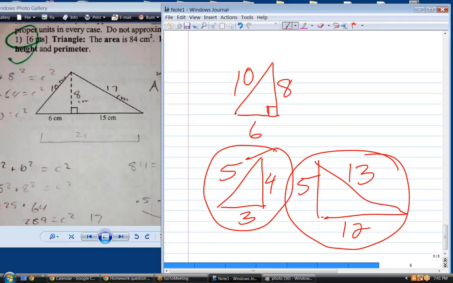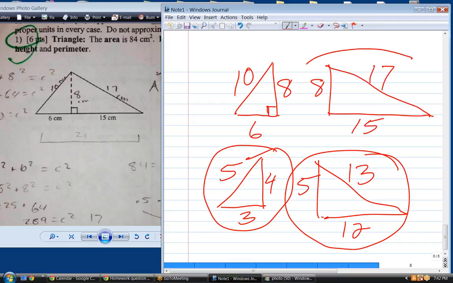Same thing, this triangle here is the next Pythagorean triangle. If you wanted to memorize 3 of them, these are the 3 you'd want to memorize, so that when you spot them, you don't have to do that math. And in this case, we would have spotted that also. It's 8, 15, this has to be 17. So look for these triangles or multiples.